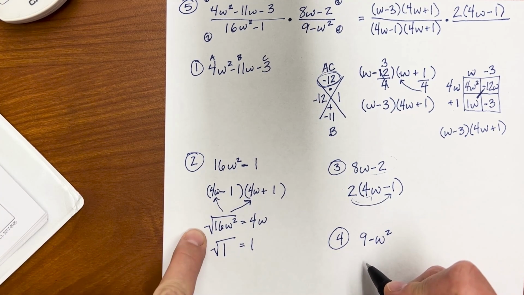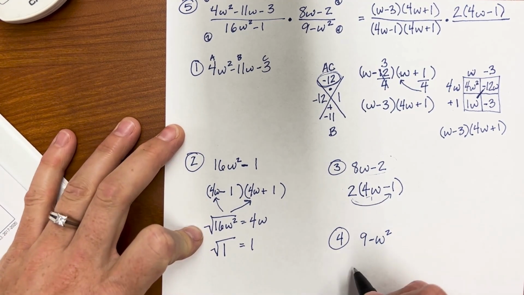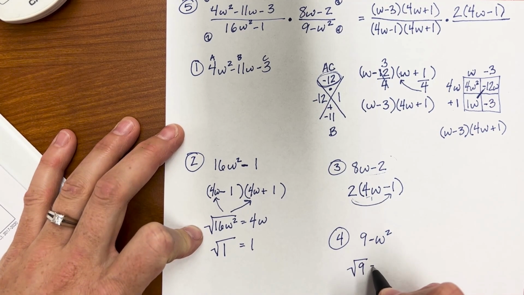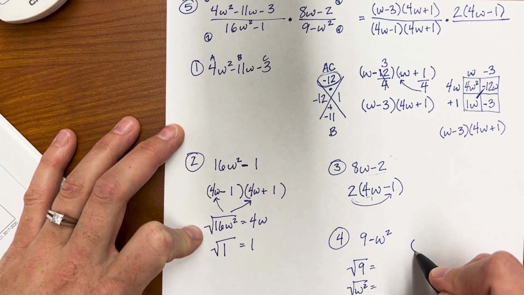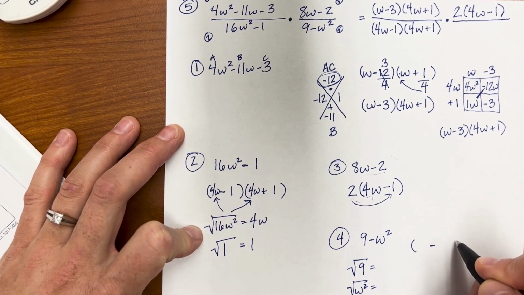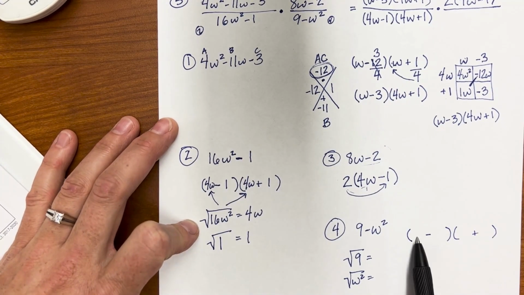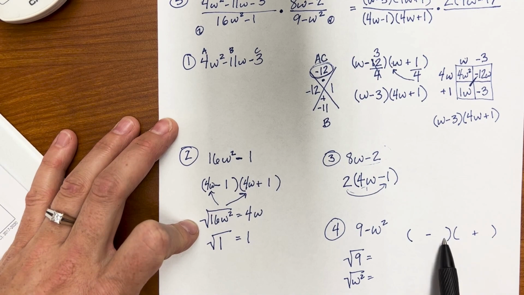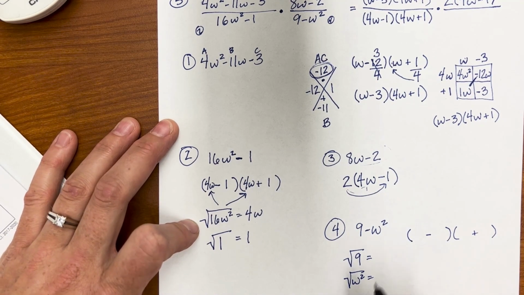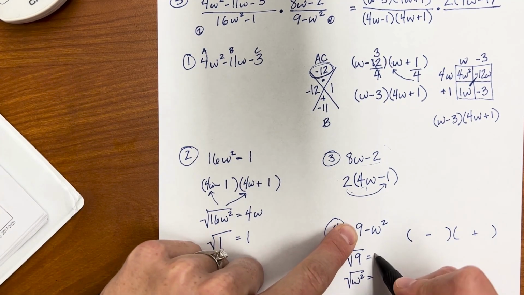So we're going to do exactly what we did over here, and we're going to take the square root of 9, and we're going to take the square root of w squared, and we'll end up with something minus something, something plus something. And remember, the first term's going to be the same, the second one's also going to be the same. So the first one is square root of 9.